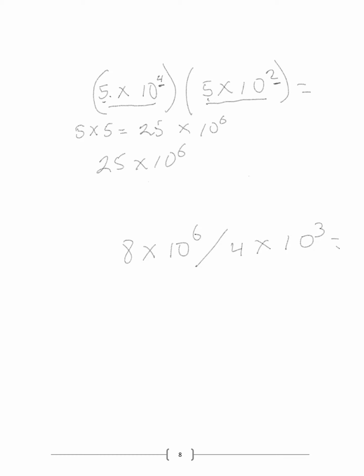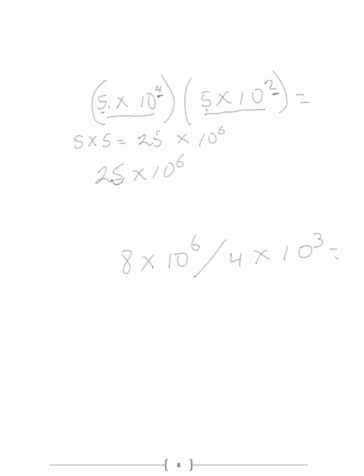However, if you remember, we said this number here has to be between 1 and less than 10. So we can't write it that way. We're going to have to move the decimal place one place to the left to get 2.5.